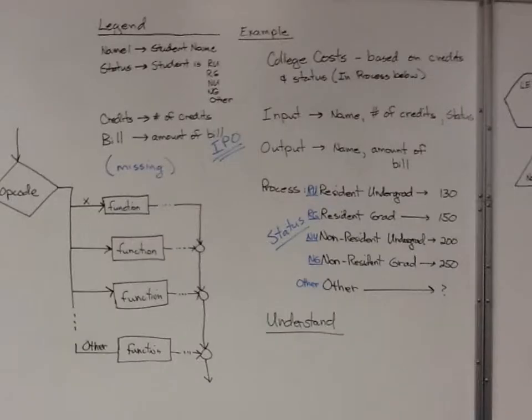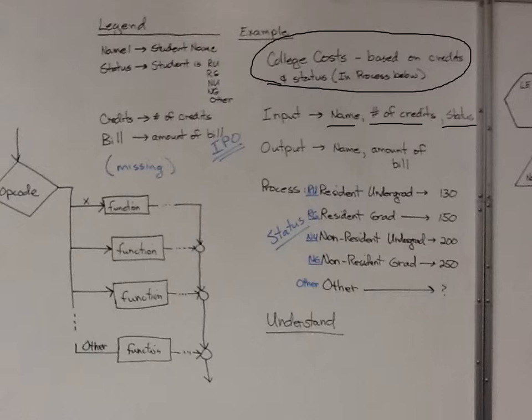Now, our example: we have college cost based on credits. We made this up. Actually, it was an example I did back when I took the course, and so we adjusted it to current day. So we're going to input a person's name, number of credits, and their status, and here is their status.